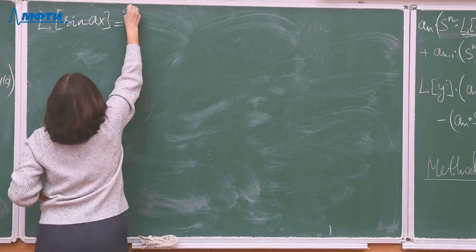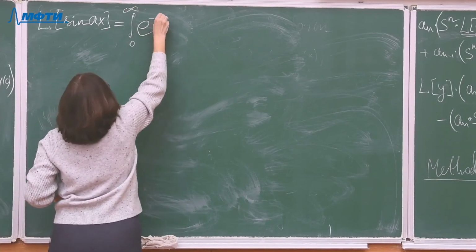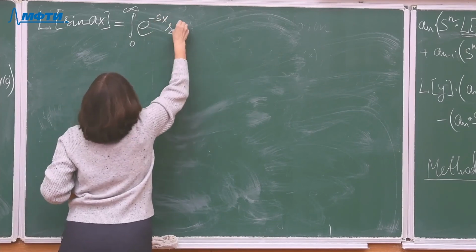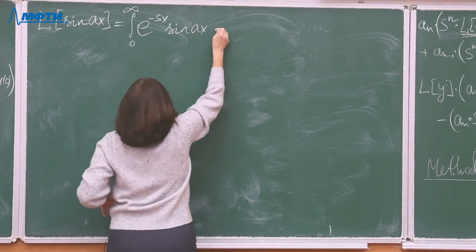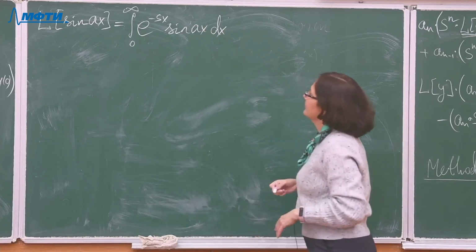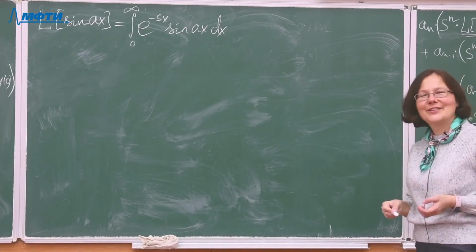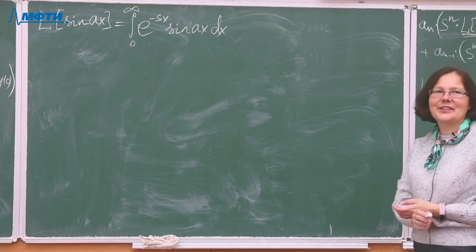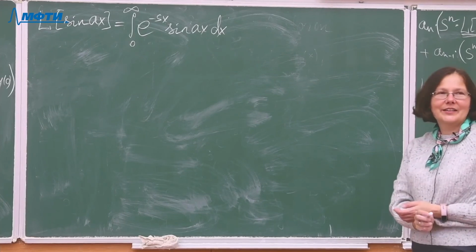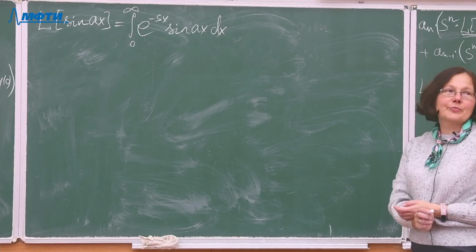From 0 to infinity, e to the minus sx, sine ax dx. I want to find this integral. What shall I do? Do you remember how to find this? Using integration by parts.